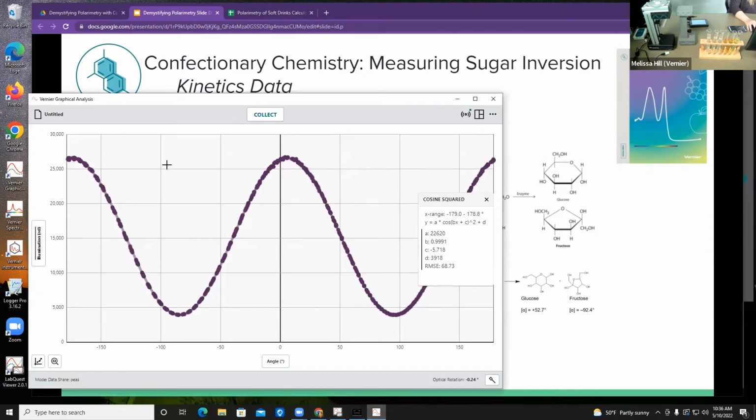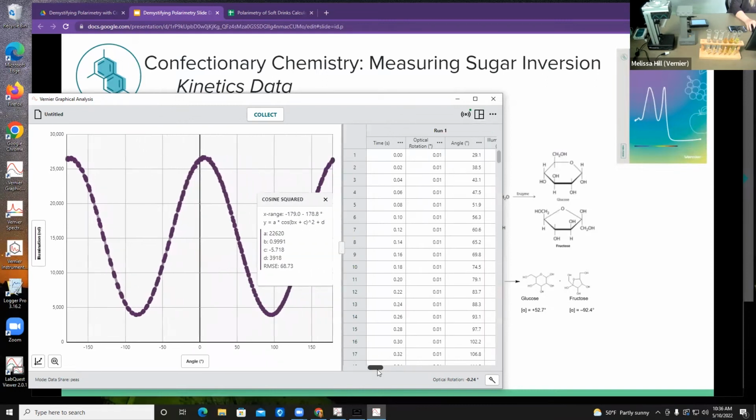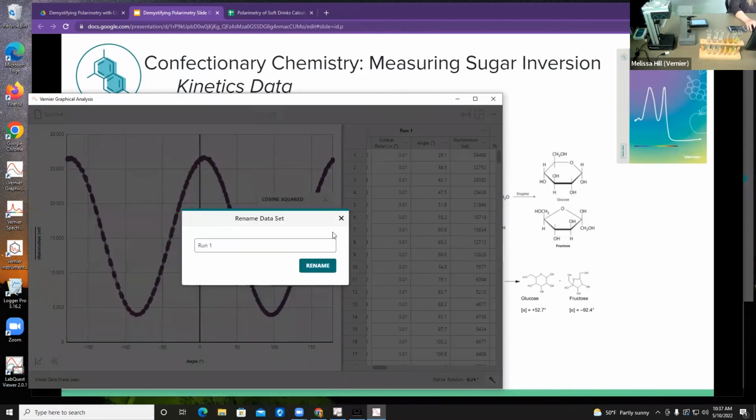So make sure you go ahead and save your Graphical Analysis file. That's all we're going to do with that. You may want to rename the data files. To do that, you go into the data table, click on the little menu next to the dataset options, and then you can rename.